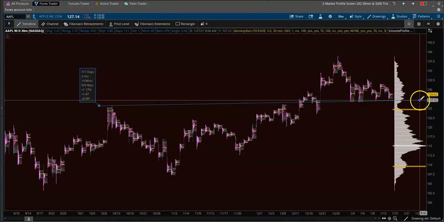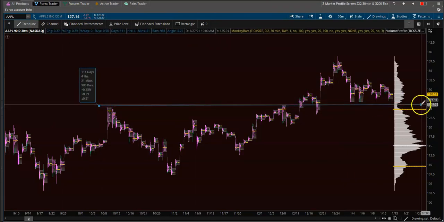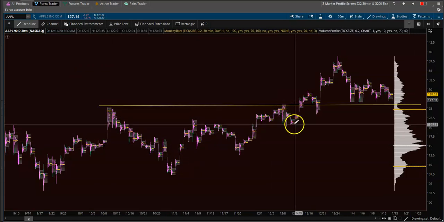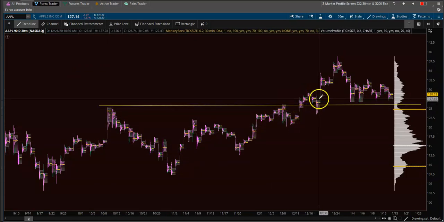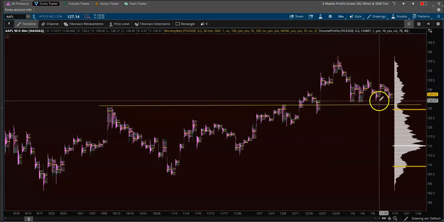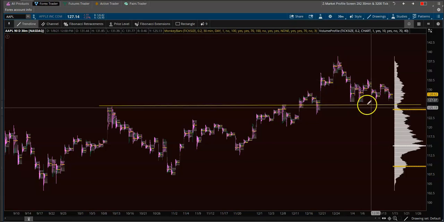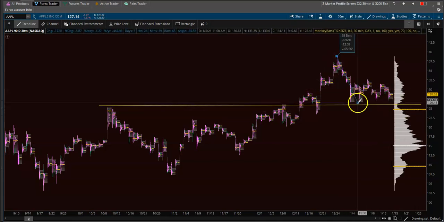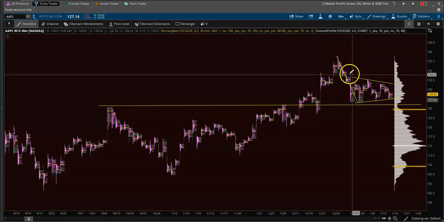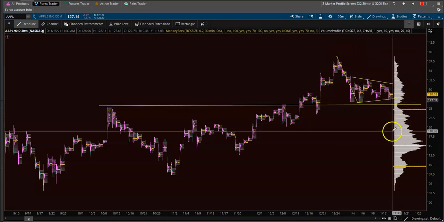If we look, we have resistance, sorry, we break out, come back in, and then we're off to the races. And then we come back down to support. This potentially might be a bearish pattern because we have a bear flag. Does this reverse and go lower?